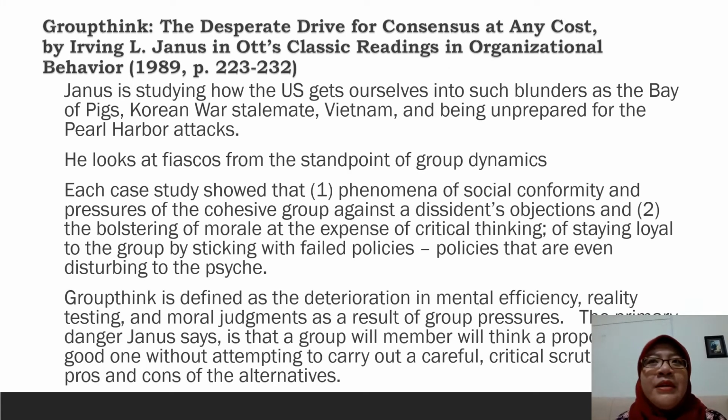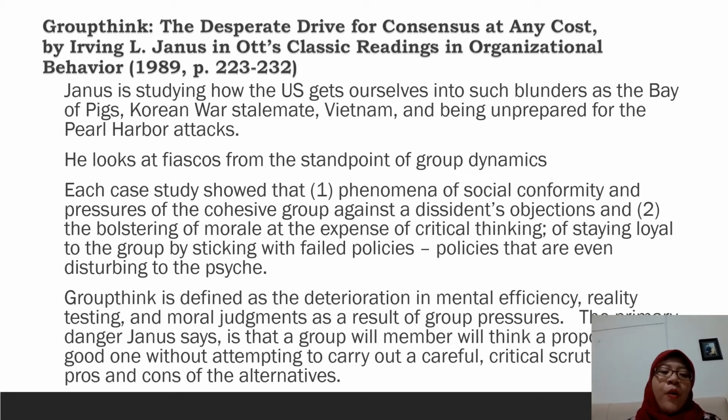So despite institutional analysis and the bureaucracy theory that we have, we do have groupthink, as consensus at any cost. It was described by Irving L. Janis in 1989. Janis studied the US, mostly from a macro perspective, and tried to see the group dynamics.